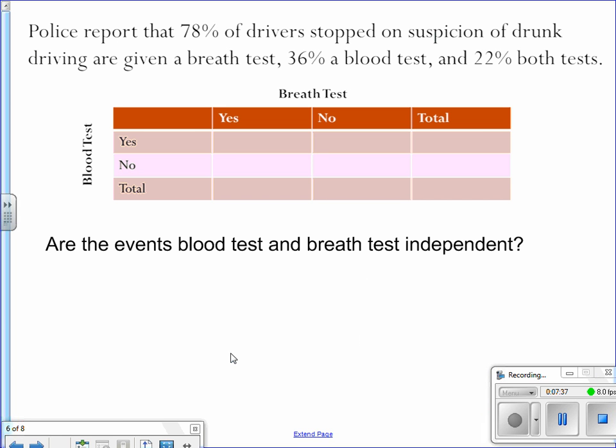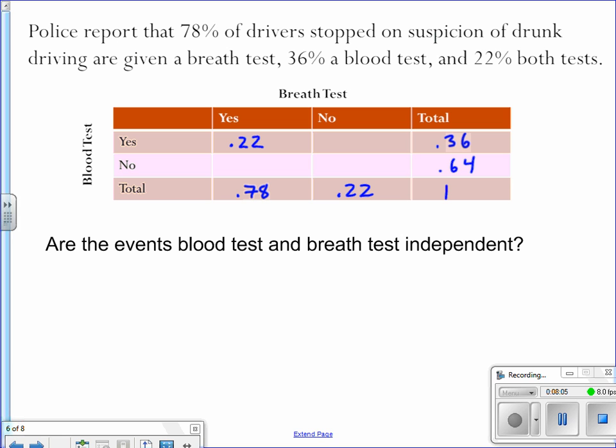Another example, police reports. This is an example we saw in class. 78% are given a breath test, which means 22% are not given a breath test. 36% are given a blood test, which means that 64% of people are not given a blood test. 22% get both, so breath and blood.